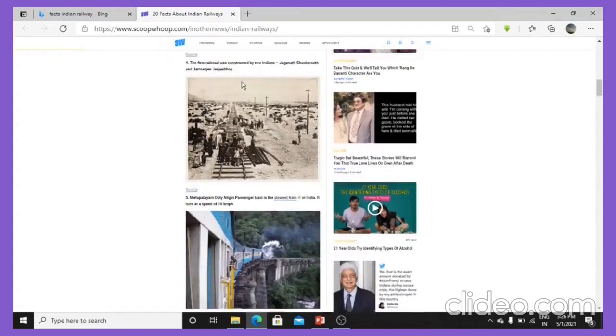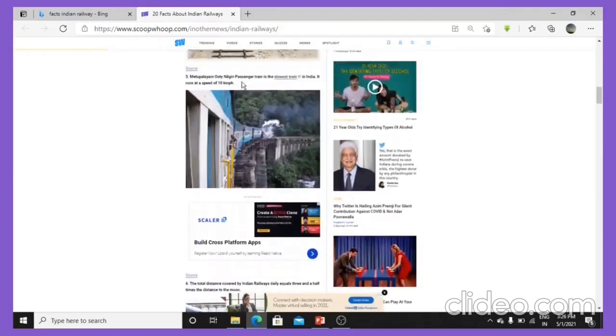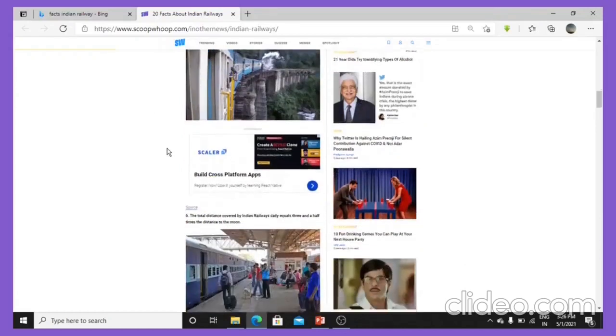And there are a few other basic facts, like this is the slowest train, Mettupalayam Ooty Nilgiri passenger train is the slowest train in India, and its speed is just 10 km/h. So that is really slow, which is actually slower than any vehicle currently we are using.